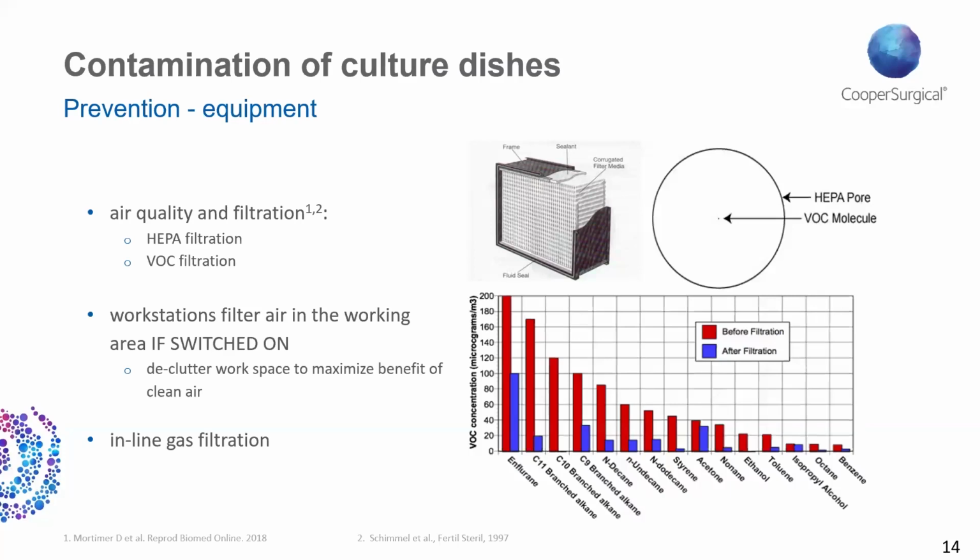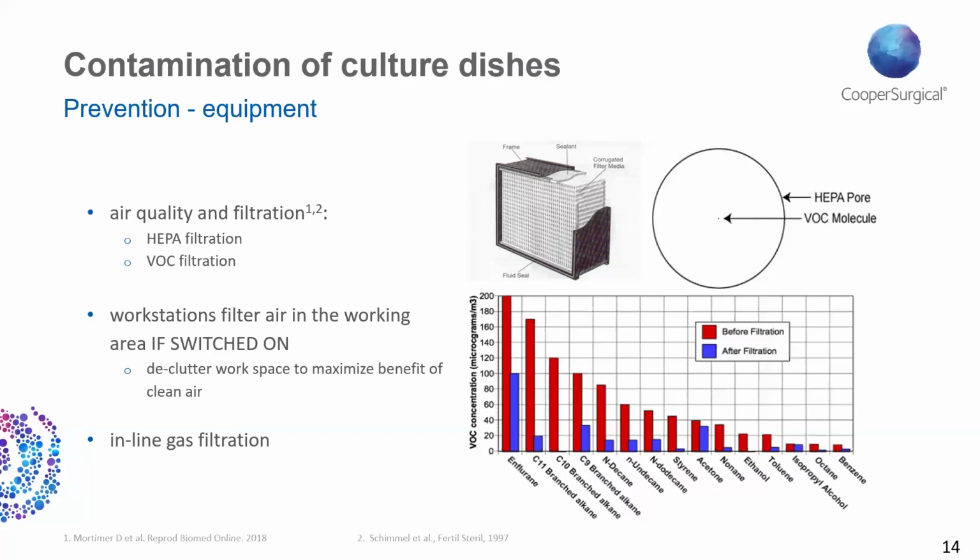The workstation filter air is working if it's switched on, and it should be during dish prep, and we'll talk about that later. But we should also be working in a decluttered environment. And it goes without saying that we should always have inline gas filtration in our system. The most contaminating thing that comes into the embryology lab is the compressed gas.